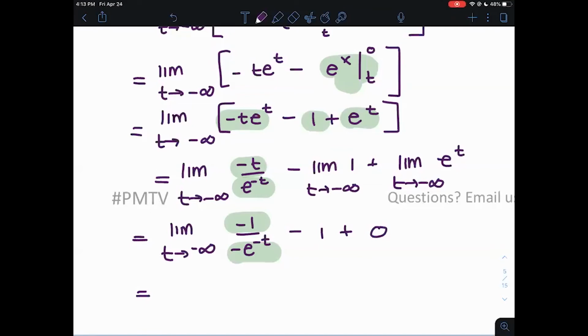This is going to be equal to e to the t. This first expression, e to the t power, when I evaluate this as t is approaching negative infinity, e to the negative infinity power, that is 0. So I end up with 0 minus 1 plus 0. This entire thing evaluates to -1.